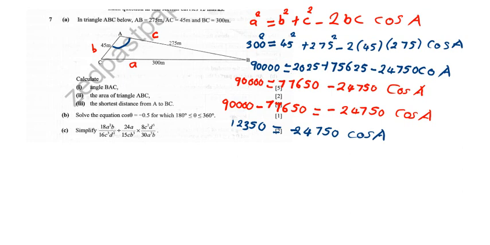But our interest for now is to remain with cos A. So for us to eliminate negative 24,750, we will divide both sides by negative 24,750. Even this side, you divide by negative 24,750, like that.